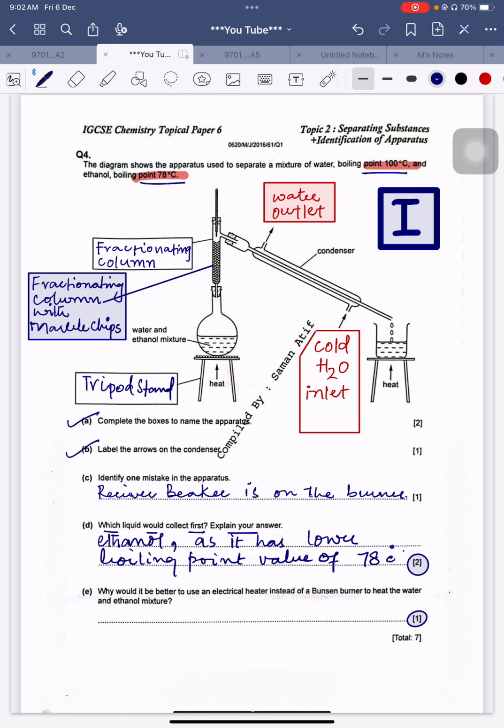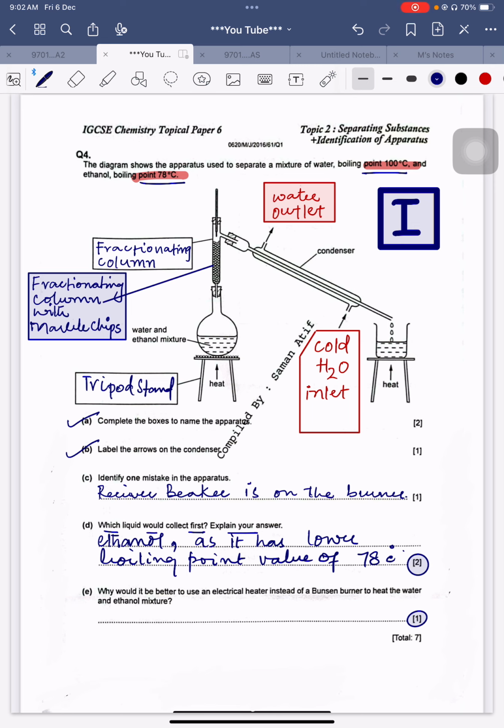So an electric heater is used due to certain reasons. When I was teaching you the topic of fractional distillation, I told you that there are certain benefits to using an electric heater. Following are the 3 benefits. Number one, an electric heater gives a uniform supply of heating to the whole container.